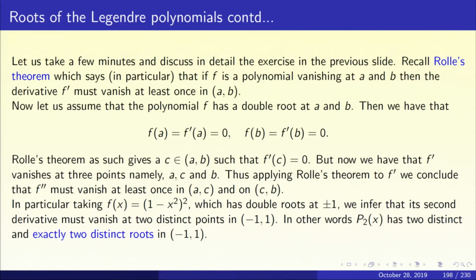But the second derivative of a 4th degree polynomial is a quadratic polynomial, and a quadratic polynomial cannot have more than 2 roots. So, this particular polynomial has 2 distinct roots in the open interval (-1, 1), and these are all the roots. So, P2(x) has exactly 2 distinct roots in (-1, 1).